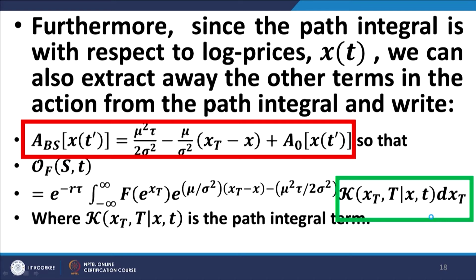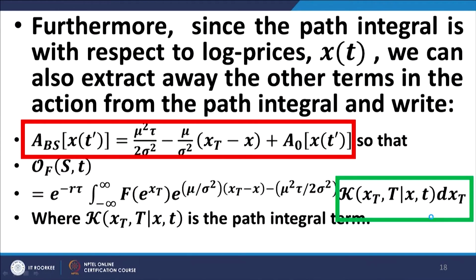We can have a prefactor consisting, number 1, of the payoff of the option which depends only on the terminal price, and number 2, other terms which are not dependent on the prices or the log prices of the underlying asset.